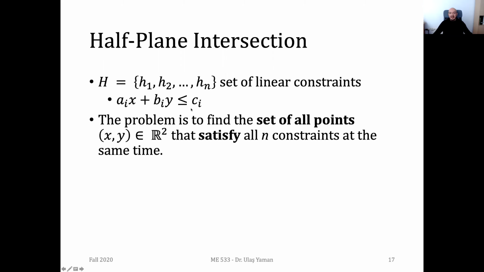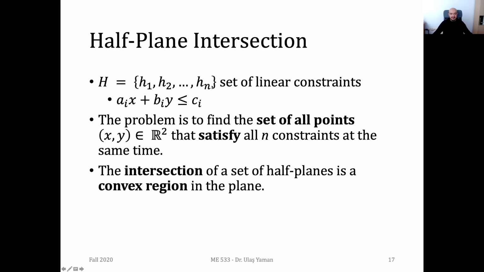So our problem is to find the set of points in this plane, on this x, y set, which will satisfy all the constraints here. So our aim is to find a region of x and y values that all satisfy the given constraints here.